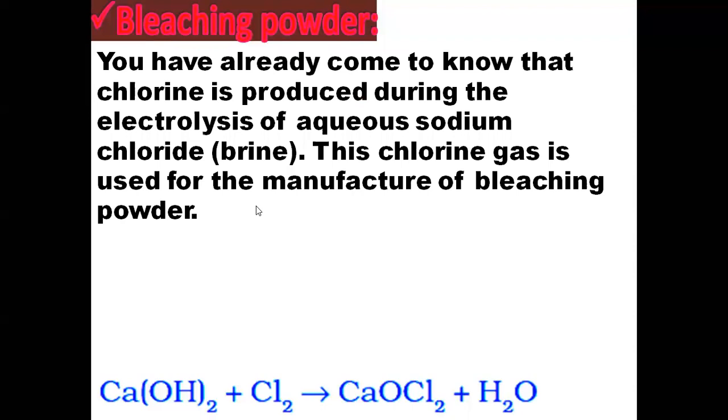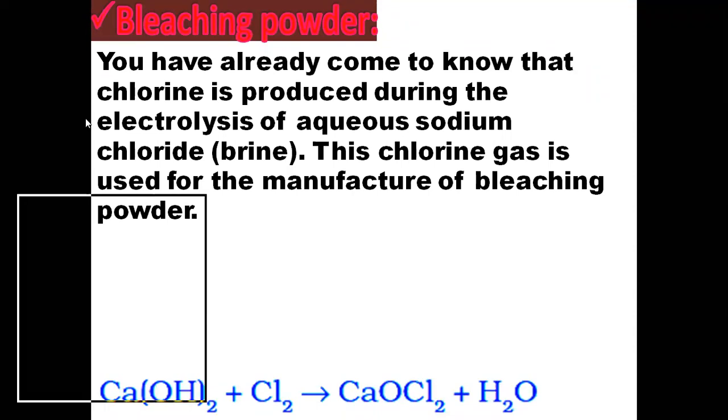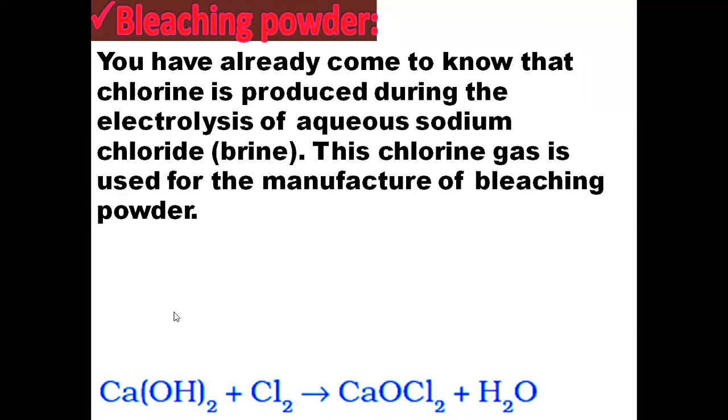We have already known that chlorine gas is produced during electrolysis of brine. This chlorine gas is used for the manufacture of bleaching powder.